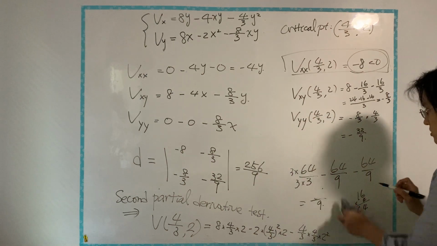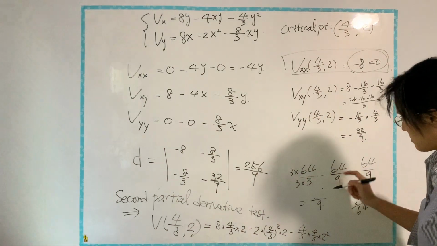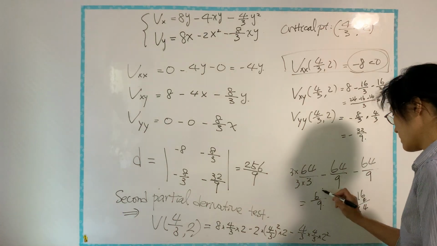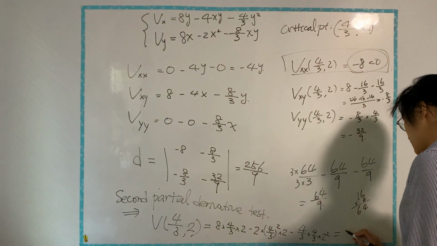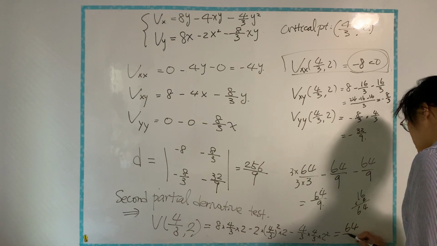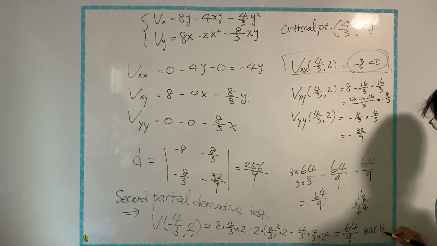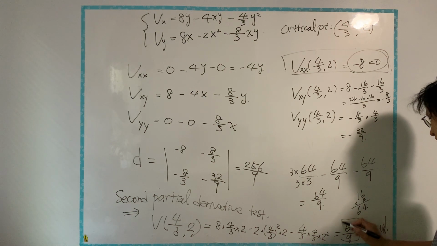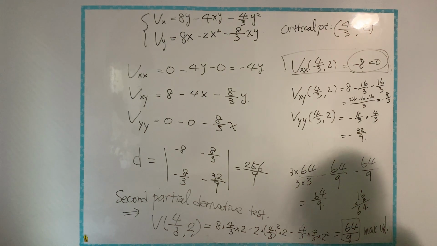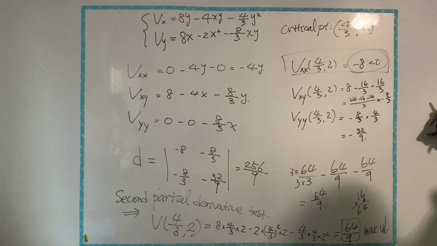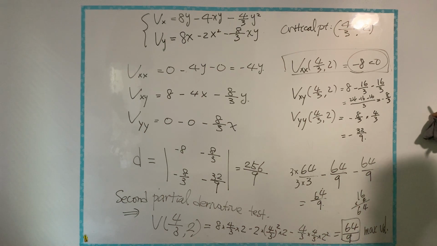All right. So I have 3 copies of 64 minus a copy of 64 and minus another copy of 64. So this gives me 64 over 9 is the maximum volume. All right. Cubic unit. Okay. So it sounds a little complicated, but if you really think about it, it's just find the local extrema.